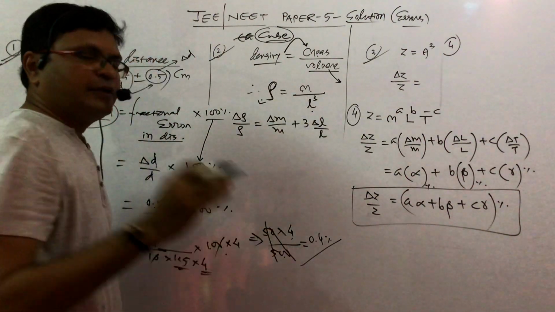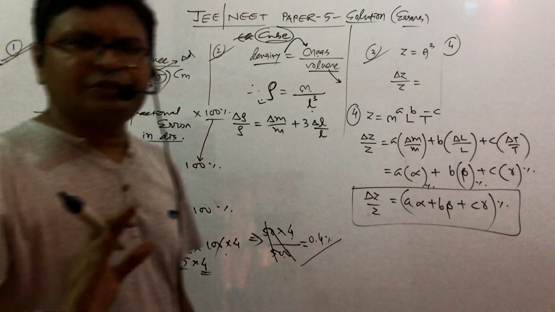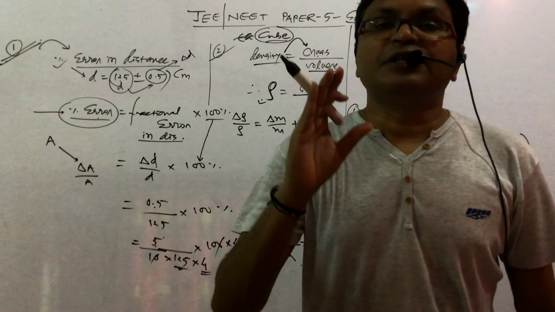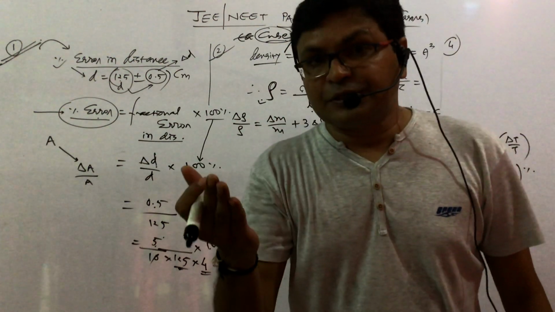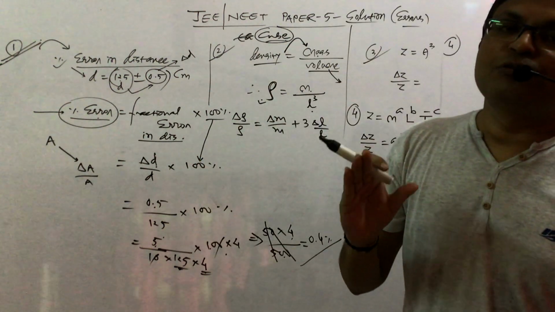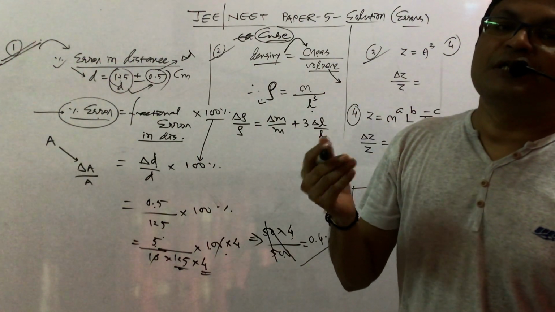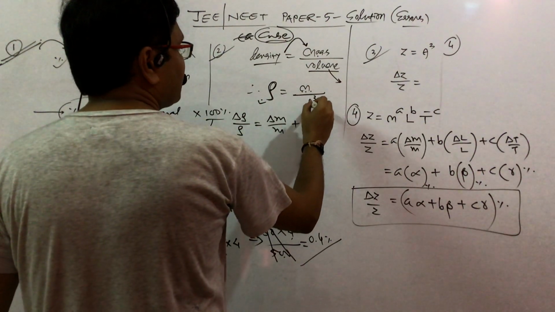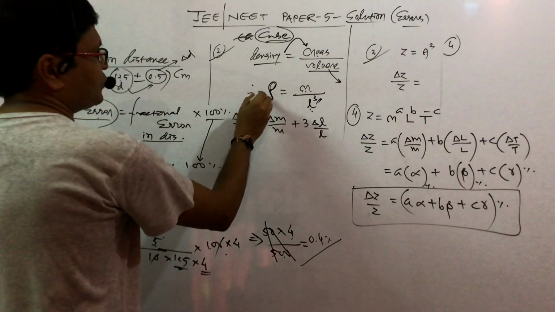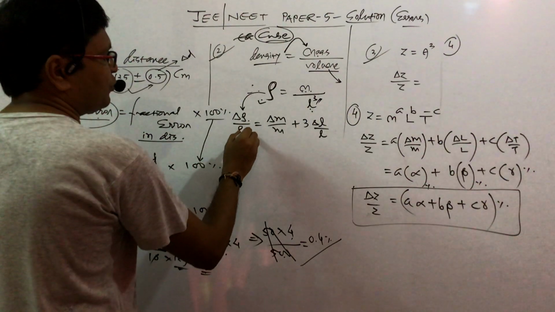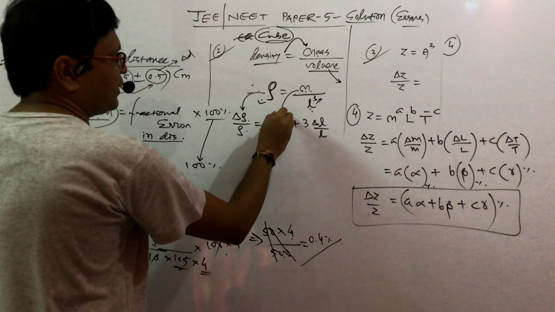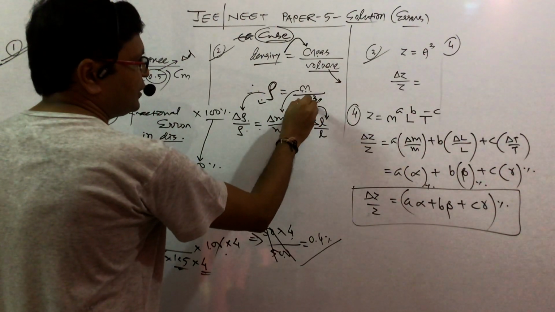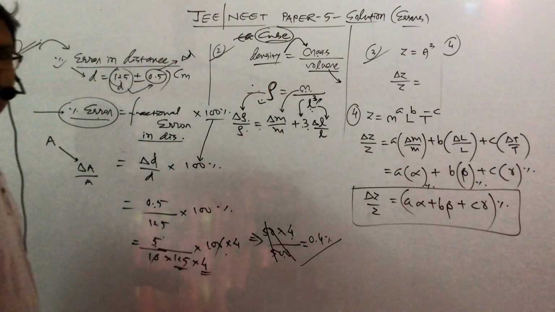Don't forget addition, subtraction, then we have to think about absolute error, but division, multiplication, power, then you have to think about obviously fractional error. So here you can see that mass is divided by L cube and there is power 3. So fractional error in density, delta rho by rho is equal to fractional error in mass plus fractional error in length. But what is the power of length? 3. So we have to multiply by 3.